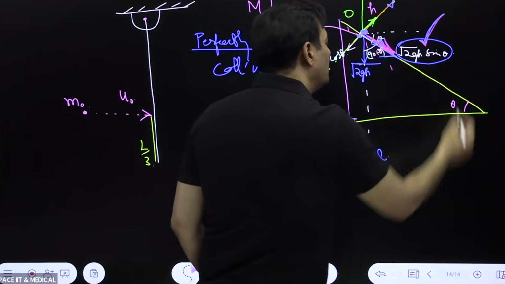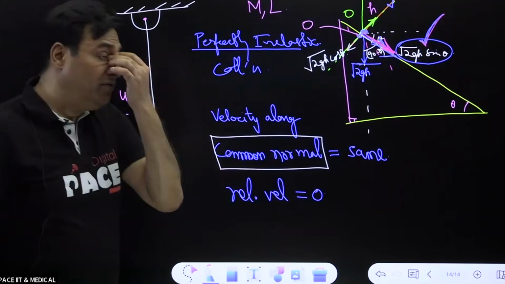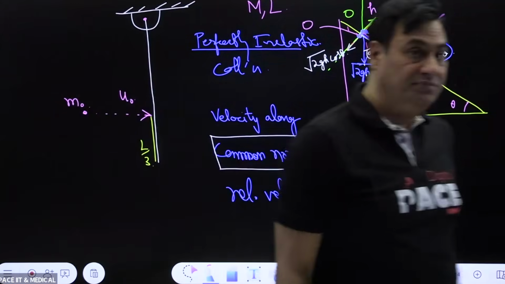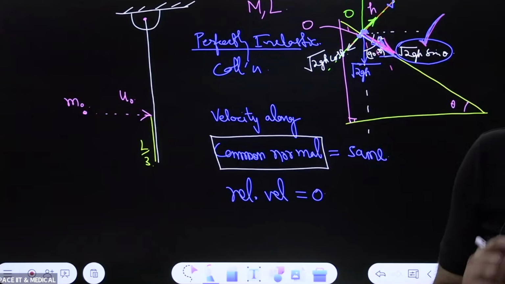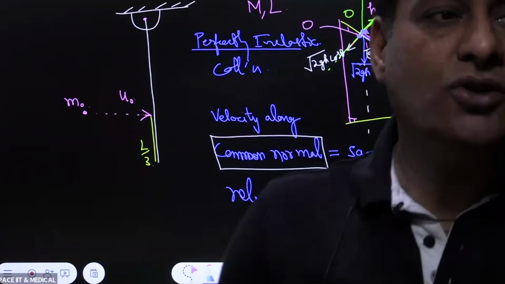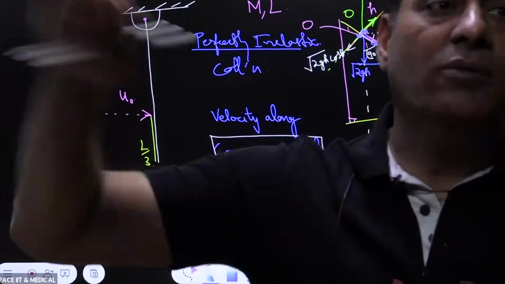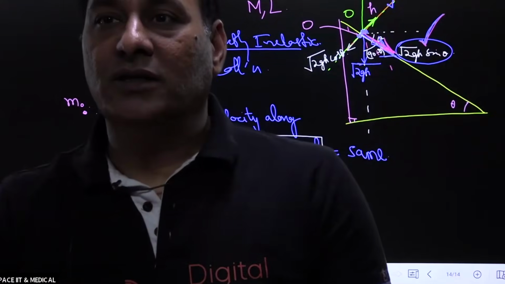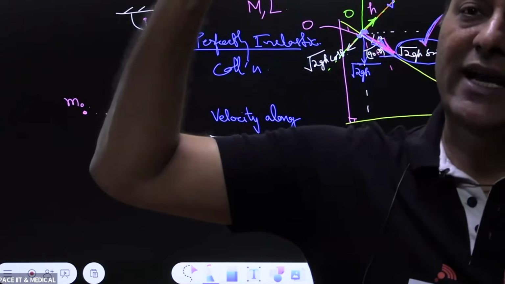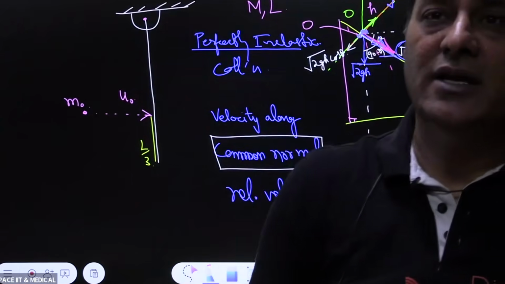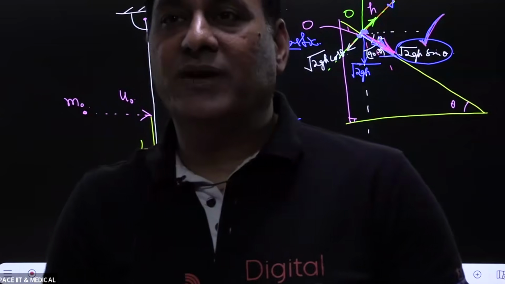So it was root 2g sine theta. Okay, how many of you understood what I'm trying to say here? For a perfectly inelastic collision, sticking together is not the condition. The velocity along the common normal should be the same, but that is the catch. They can slide tangentially and still be perfectly inelastic.